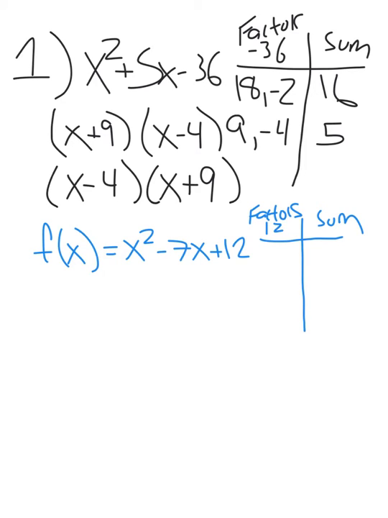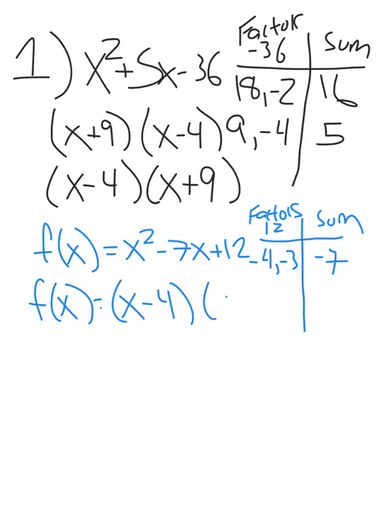If we're thinking of factors of 12 that give us a sum of negative 7, we'll think, well, negative 4 and negative 3 give us positive 12, and when we add them together, that gives us negative 7. So for factoring the trinomial, we'd end up with f of x equals, and now we have our two binomials, x minus 4 and x minus 3. And you could flip it: x minus 3 and x minus 4.